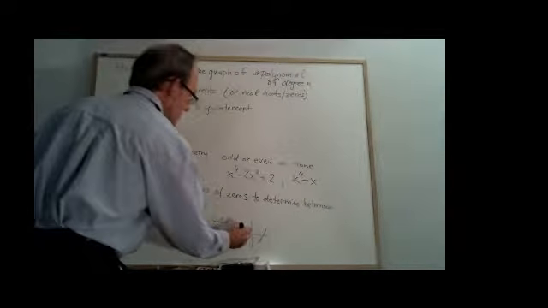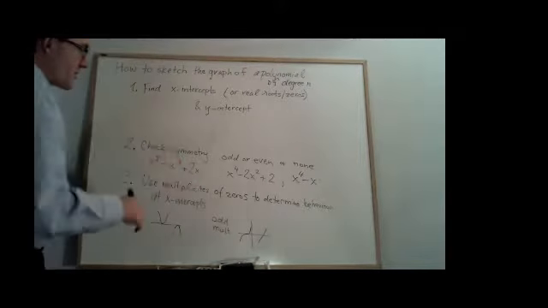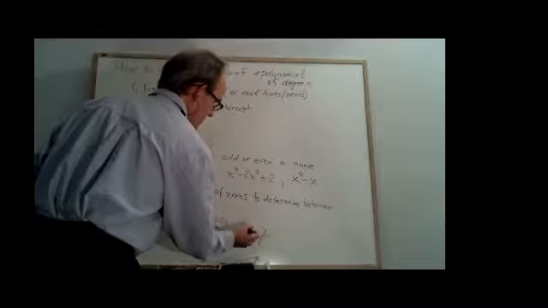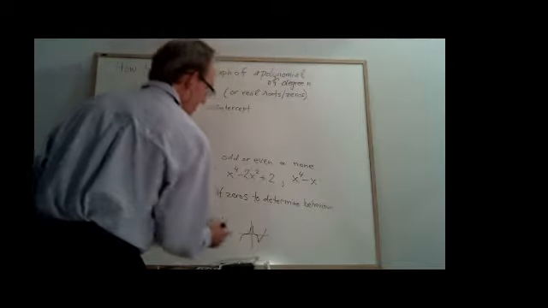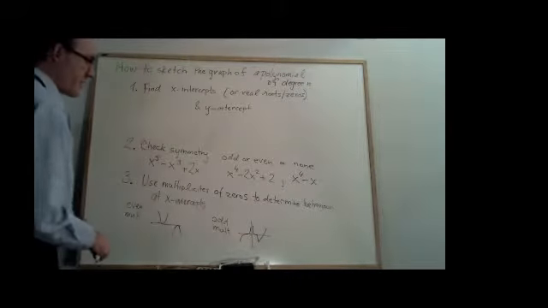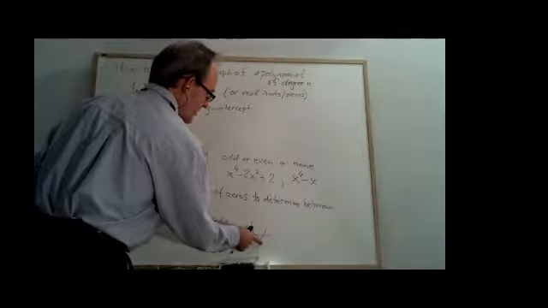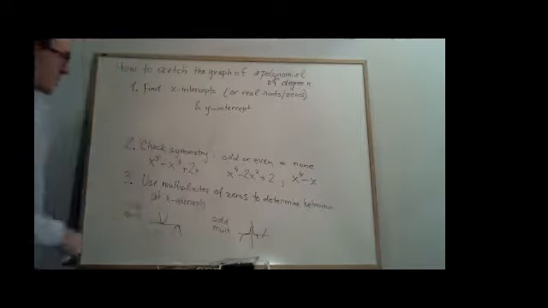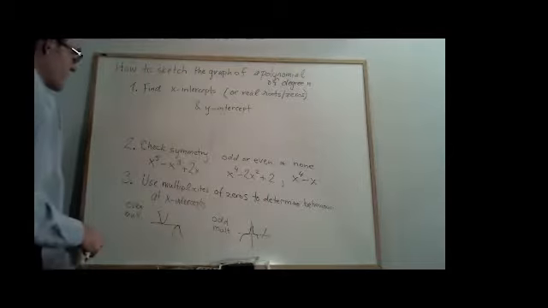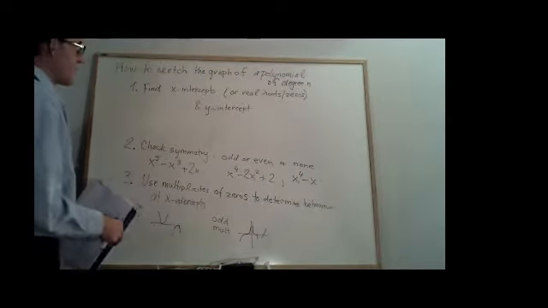And if it's higher and odd, it will cross the x-axis, but it'll go horizontal on the x-axis, one way or the other. Something like that. The higher the power, the more sharply it varies near where it crosses the axis. Okay, so those are examples. I'm just showing different examples of polynomials in different regions there. And determine the end behavior.